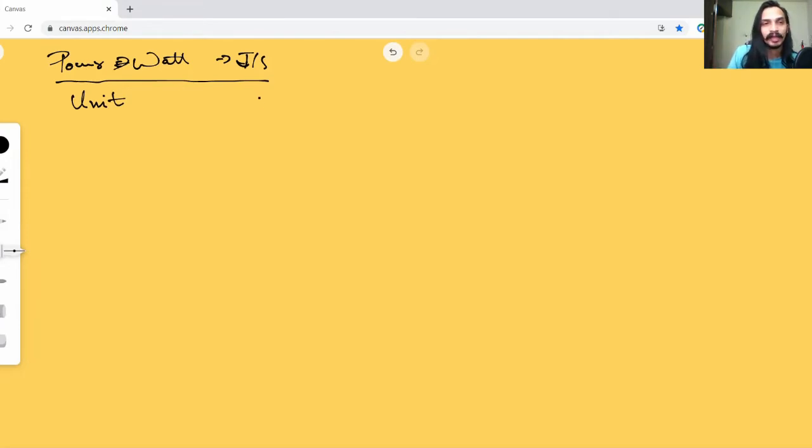So what exactly is this unit talking about in terms of our electricity consumption? 1 unit is basically a bigger unit of power called kilowatt hour.